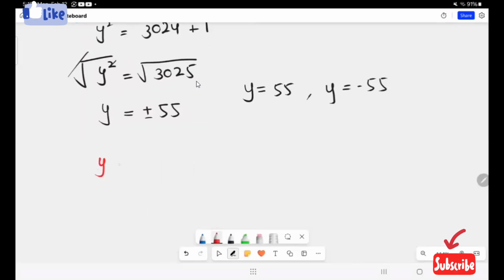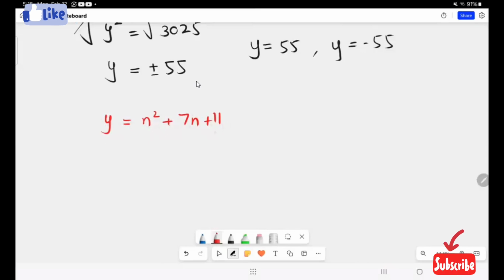Our y expression is y equal to n squared plus 7n plus 11. Remember this expression that we got in replacement of y. So here we got the y values. Now I'm going to plug in the y value as 55. 55 is equal to n squared plus 7n plus 11.